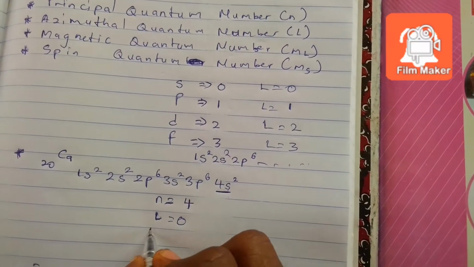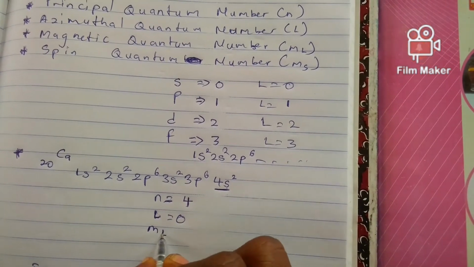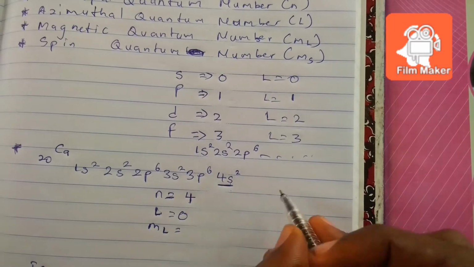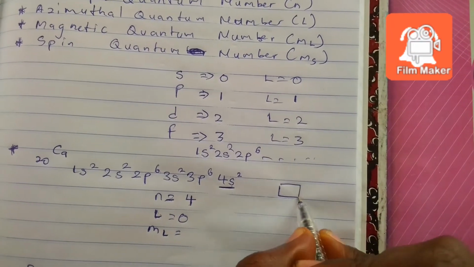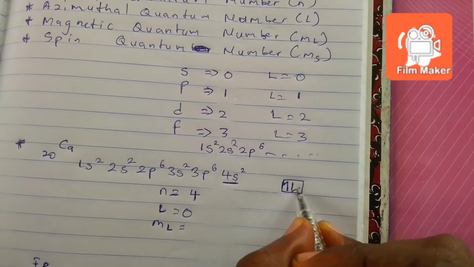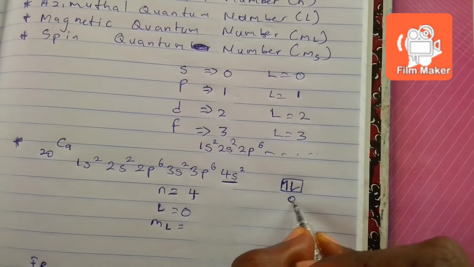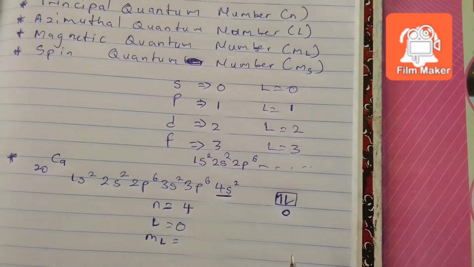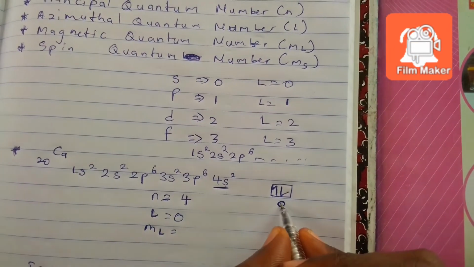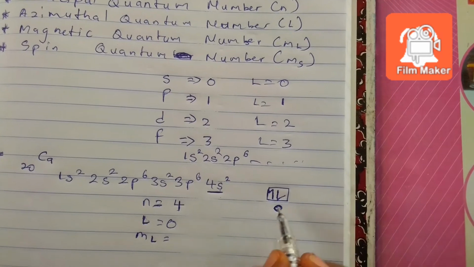Then we move up to the magnetic quantum number, ml. To determine that, we need to know the block of s, and this is the block of s. It has 2 electrons, and we have to start from 0.